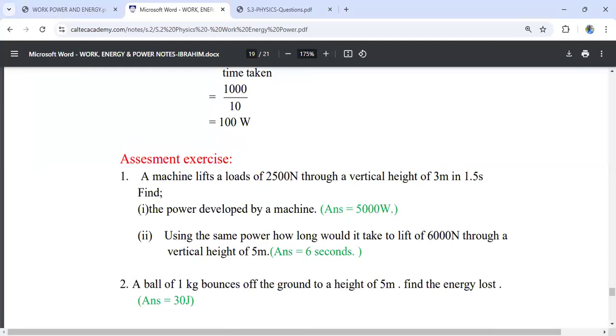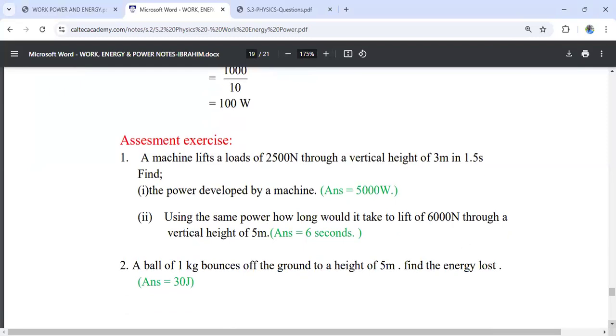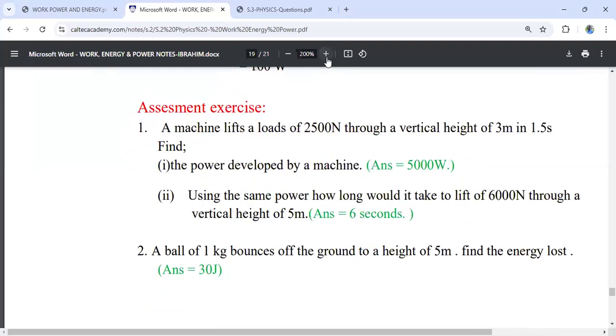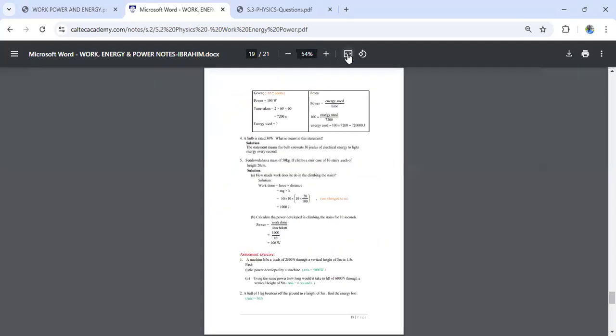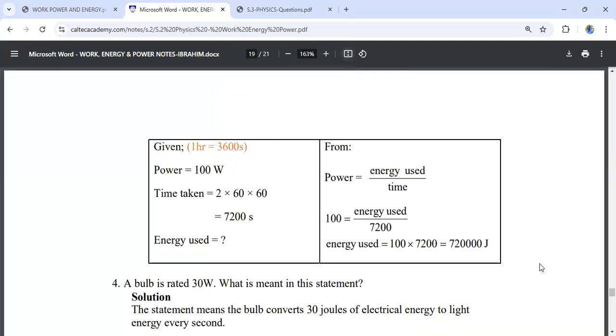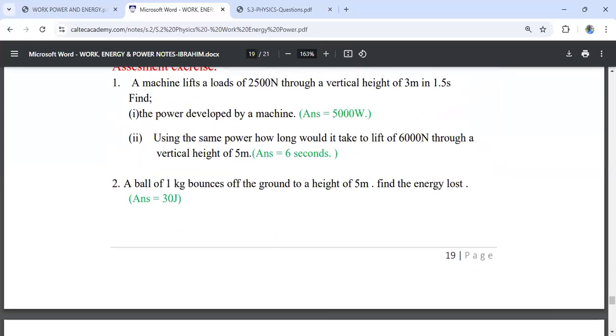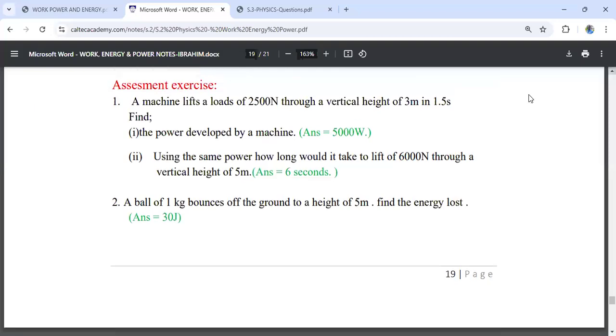There is the assessment exercise. If you look at question 1, assessment exercise, question 1.